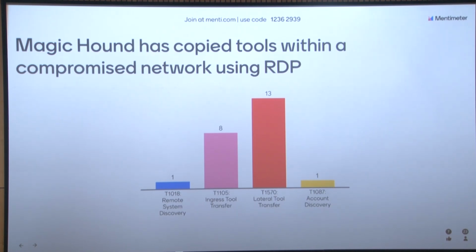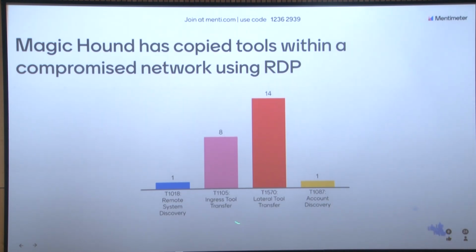It means that the tool is already placed on one of the victim's machines, and from that machine they are using an RDP connection to transfer the tool within that same network. In this attack pattern they are not communicating with an external network to get the tool, and for this type of behavior there is a specific technique named lateral tool transfer. So, the correct answer is lateral tool transfer.